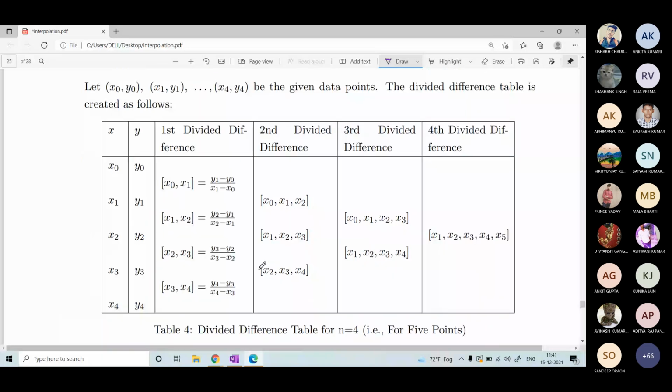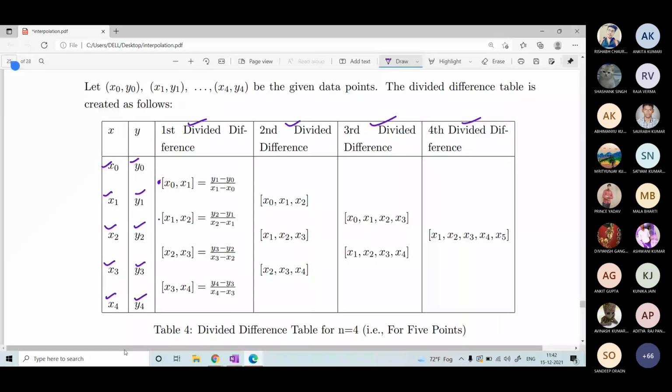So you see, this is the table. Data points are taken: x0, y0, x1, y1, x2, y2, x3, y3, x4, y4. The first column is the first order divided difference, the second column is the second order divided difference, then the third order and the fourth order divided difference. The first entry will be written just like in a forward difference table. That entry will be the divided difference of x0 and x1, which by definition is y1 minus y0 by x1 minus x0.